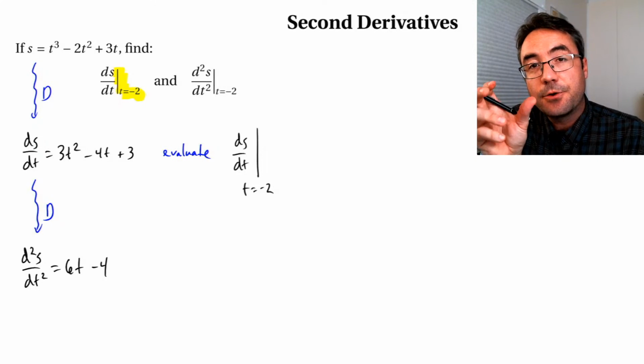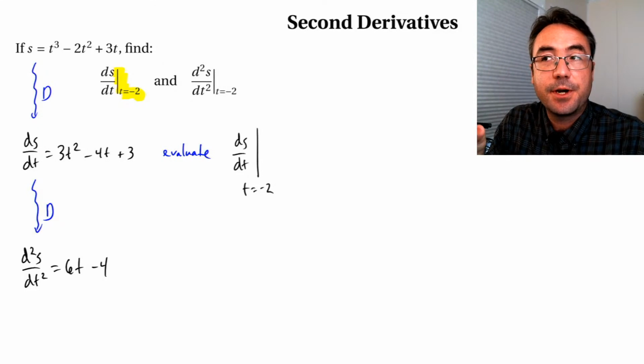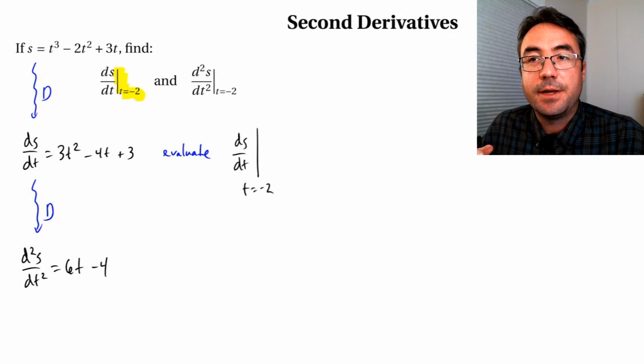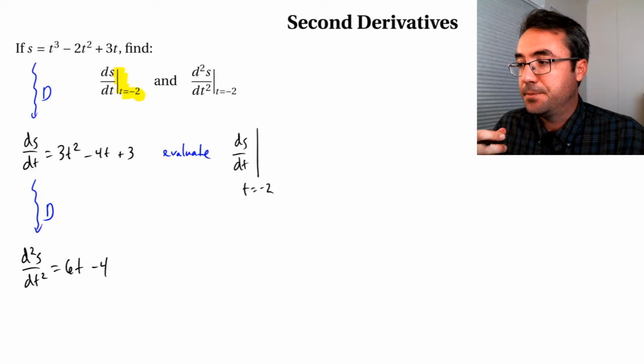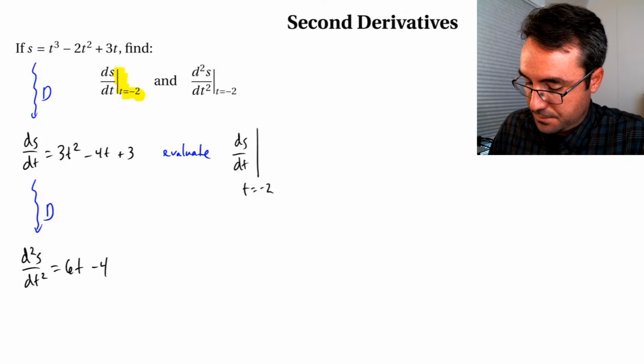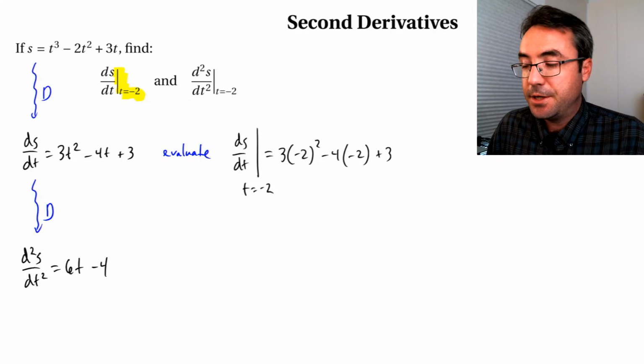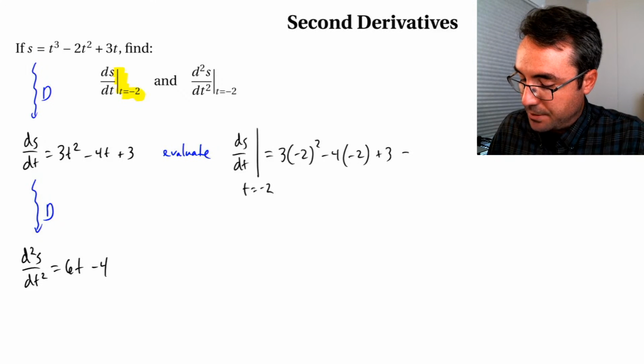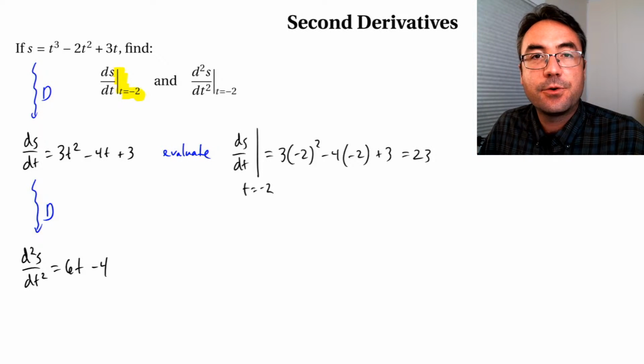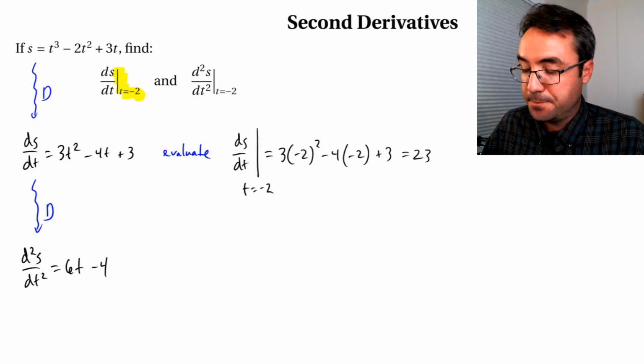So what do we do? We take our derivative function and just wherever we see a variable, we plug in the number -2. And if we do that calculation, we end up with 23. So when we evaluate a derivative, the result is a number.